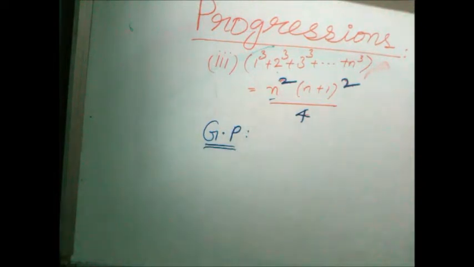So how do you define it? A progression of numbers in which every term bears a constant ratio with its preceding term is called a geometrical progression. The constant ratio is called the common ratio of GP.